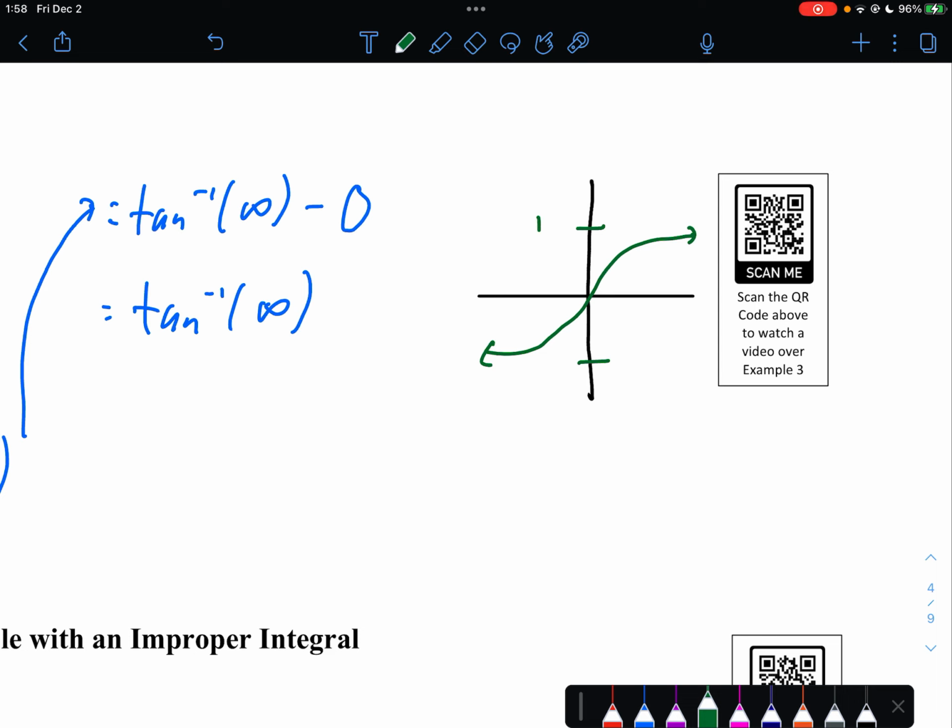And it's actually pi over 2. The range of tangent inverse goes from negative pi over 2 to pi over 2. So as x, or in this case b, goes to infinity, our tangent inverse graph would be getting closer and closer to pi over 2.